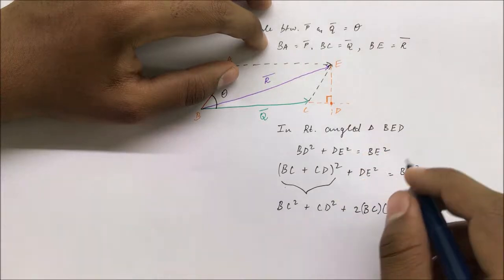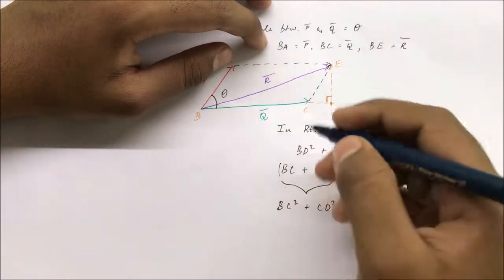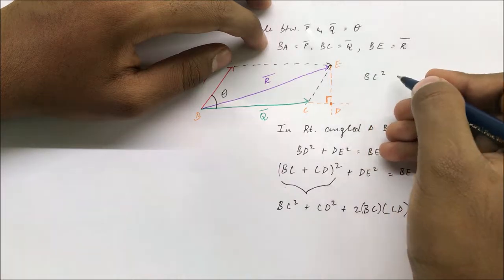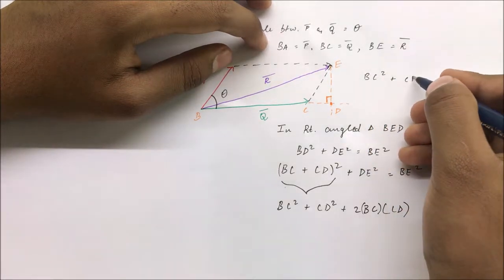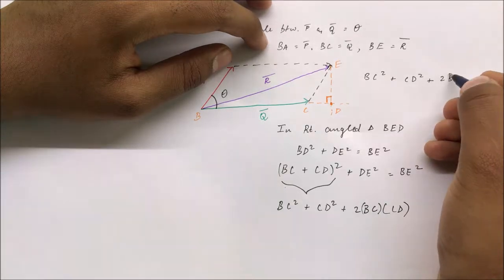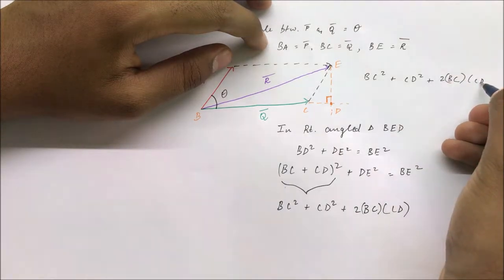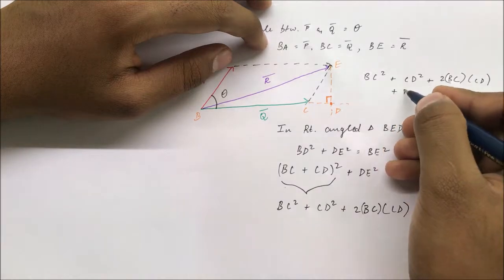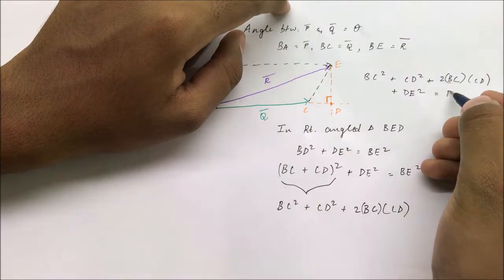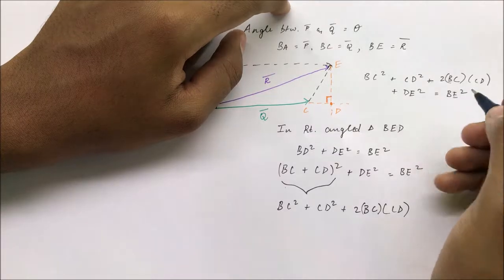Now this entire expression, I'm going to write it over here. So this entire expression will come up to be BC square plus CD square plus 2 BC times CD plus DE square is equal to BE square.